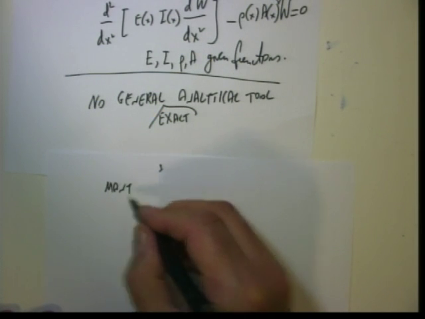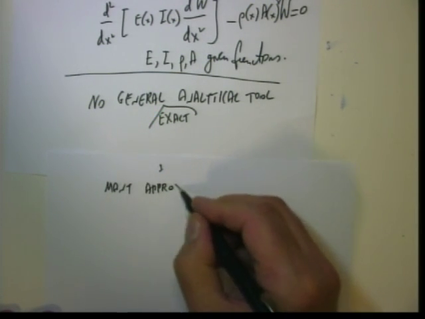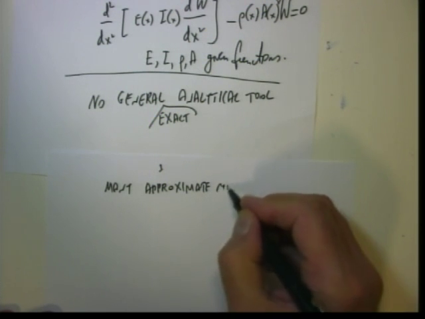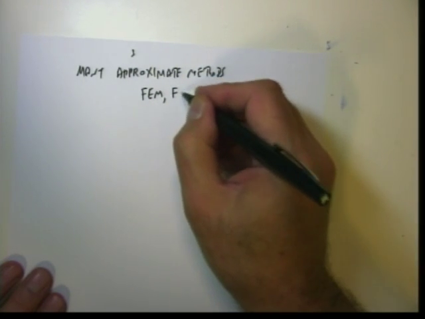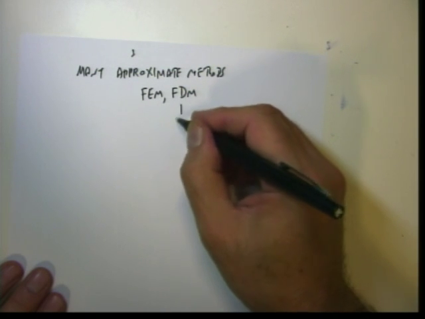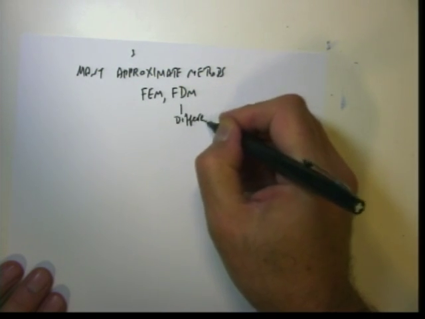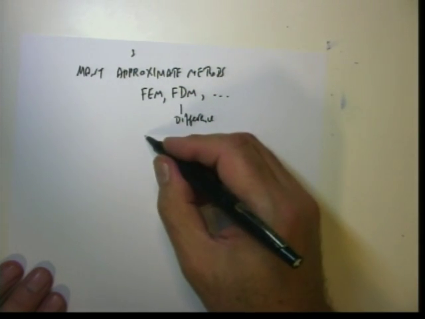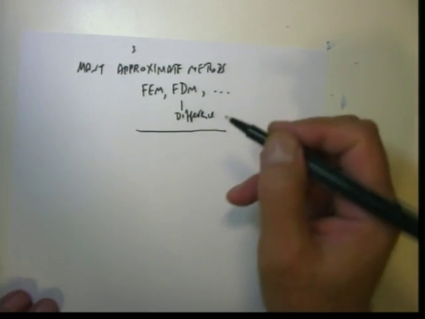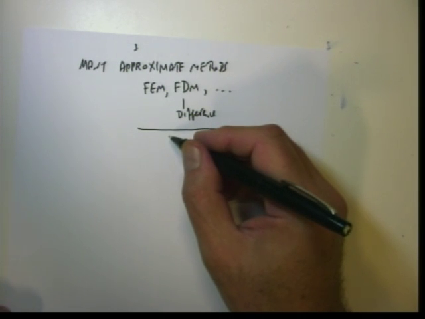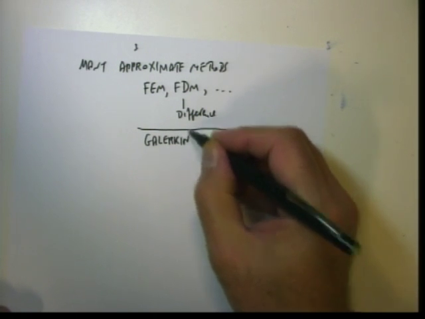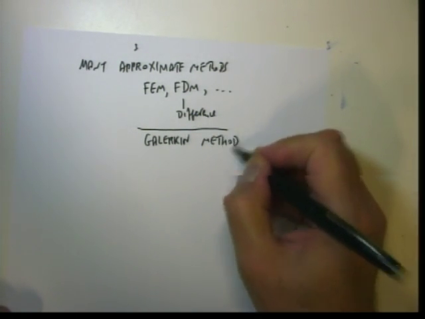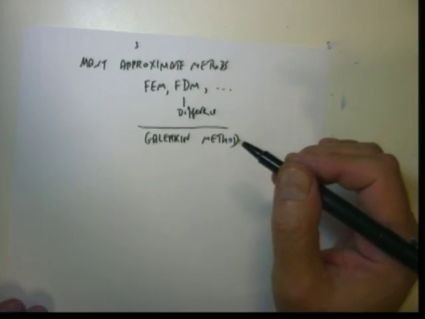Many approximate methods, like FEM, finite element method, finite difference method, etc. And we know one method already that could solve this problem also. What is it called? Galerkin method, of course, can. But this is an approximation, not more than that. Only an approximation.